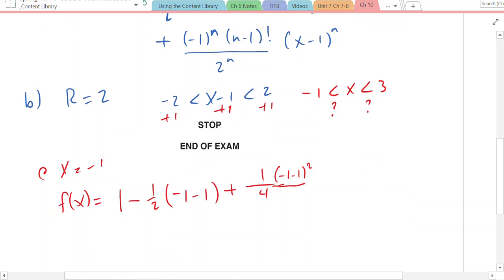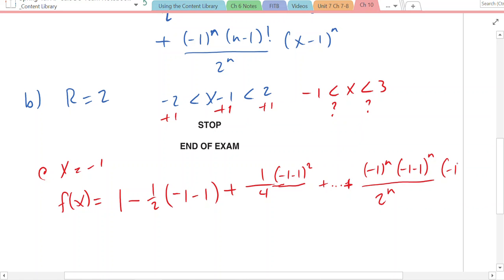Then we're going to jump ahead to the nth term, so now we have -1 to the n power times -1 minus 1 to the n power, and then over 2 to the n power.